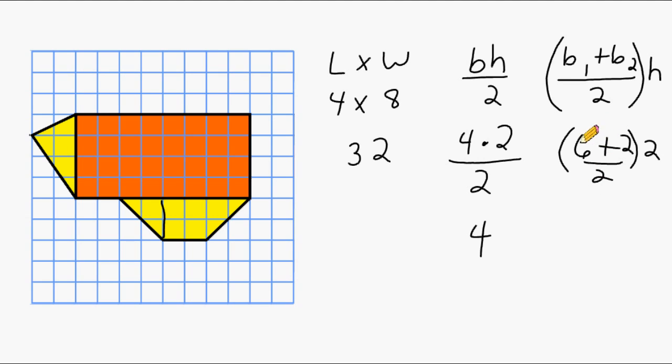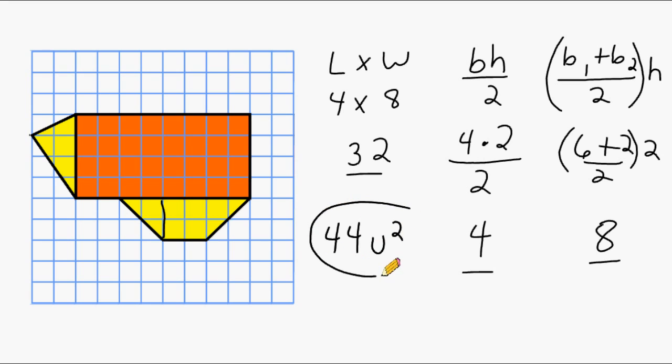Now we take 6 plus 2, which is 8, and 8 divided by 2 is 4. Then we multiply 4 by 2, and that gives us an area of 8 square units. Now let's add all of these areas together. 32 plus 8 is 40, plus 4 more is 44. So this polygon has a combined area of 44 square units, which is the same answer that we got when we applied Pick's Theorem.